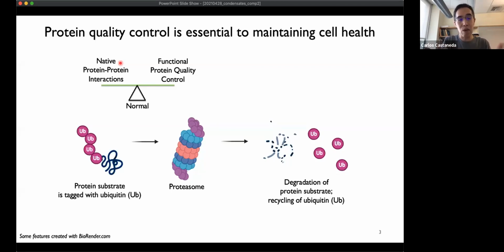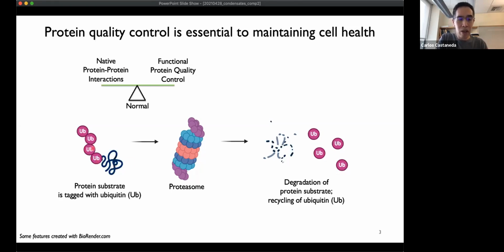And one really classic example of protein quality control mechanisms that many of us hear about, especially in biochemistry, is the ubiquitin proteasome system. And so that's what I'm depicting down at the bottom, whereby a protein can get covalently modified with a ubiquitin chain. So these are a series of ubiquitins that are attached to each other and also attached to a substrate protein here.